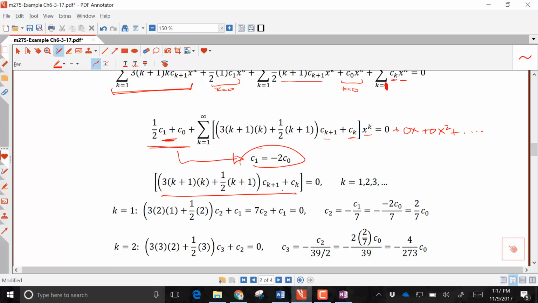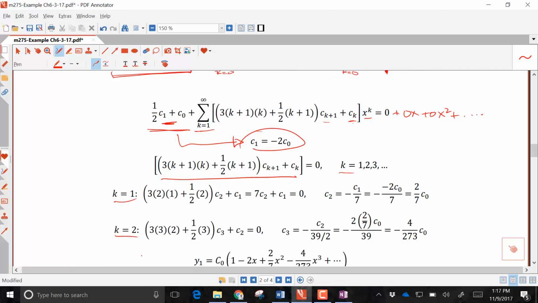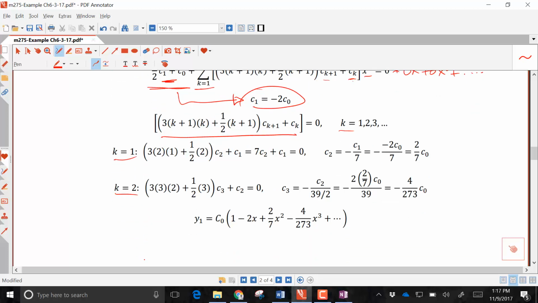And then what we could do is this is good for the series, says it's good for k equal to 1 all the way off to infinity. And so we could do it one by one. We'll let k equal 1, then 2, and then hopefully find a pattern that way. So we'll let k equal 1. We're going to get 3 times 1 plus 1 times 1 plus 1 half times 1 plus 1, c sub 1 plus 1, that's c sub 2, plus c sub 1 is going to equal 0.